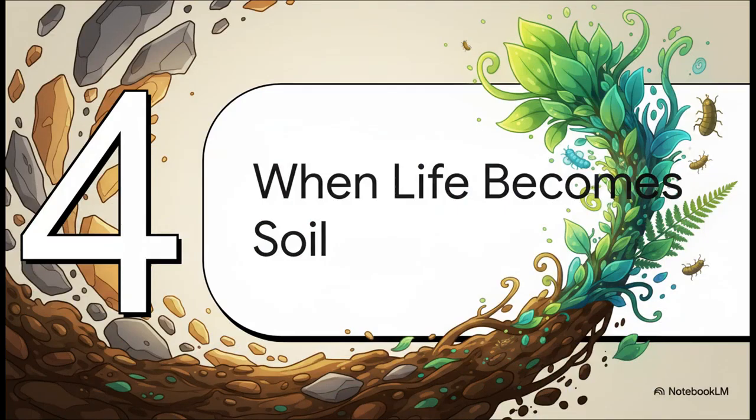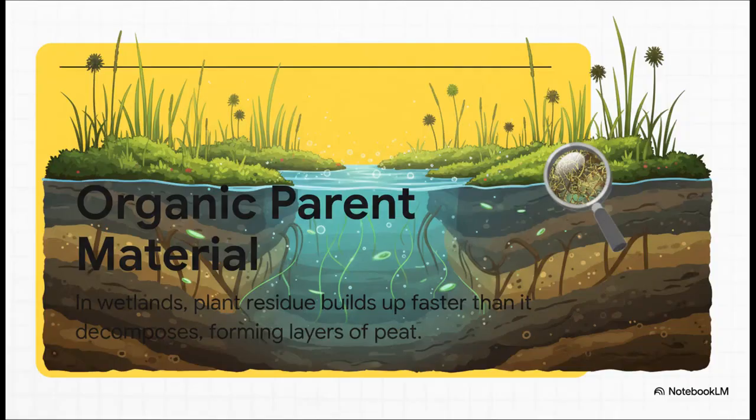We've seen how rock and mineral fragments become parent material. But remember where we started this whole conversation? With life. It turns out sometimes the parent material isn't rock at all. Sometimes it's life itself. To see how this works, we have to look at really wet places, like bogs and marshes. See? There's not a lot of oxygen in that waterlogged ground, which slows down decomposition a lot.